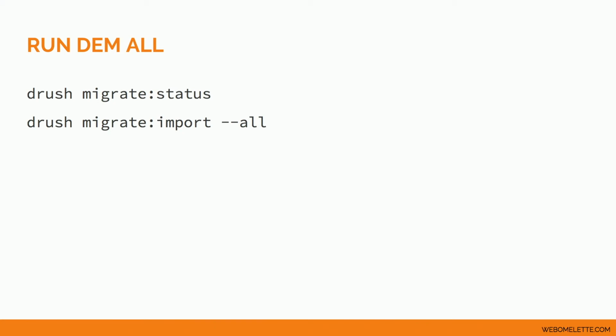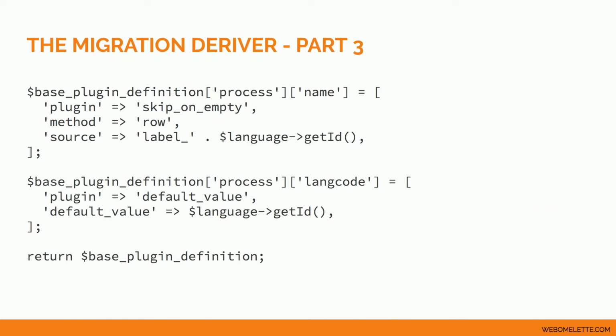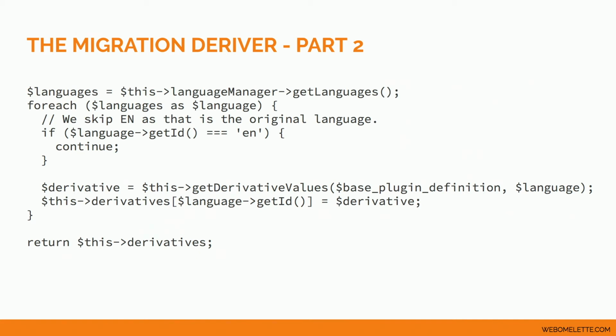It's because the ID of the derivative is given by the ID of the plugin, the ID that is found here, which in our case we just put the language. For menu links, for example, we've got menu link content, that's the plugin name, and then the UUID of the menu link content. That's pretty much it.